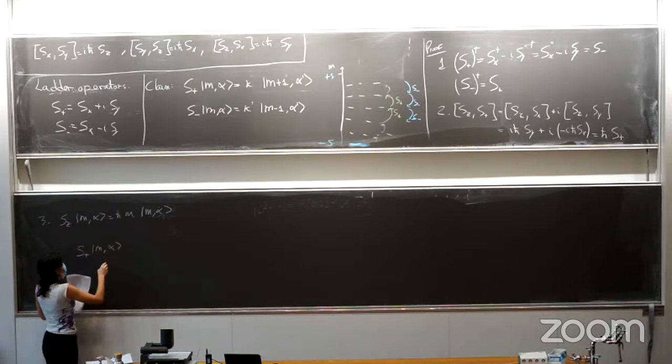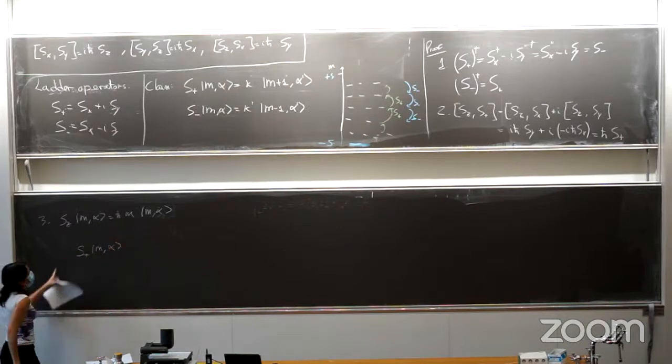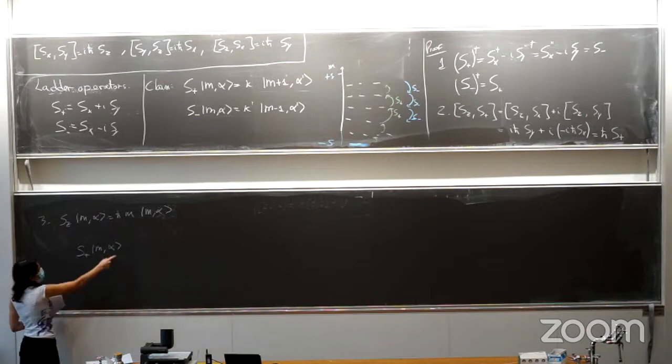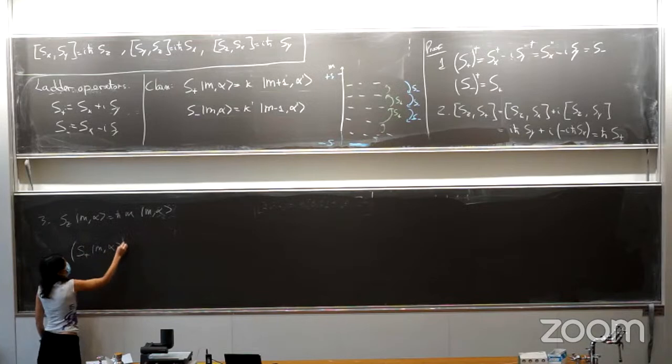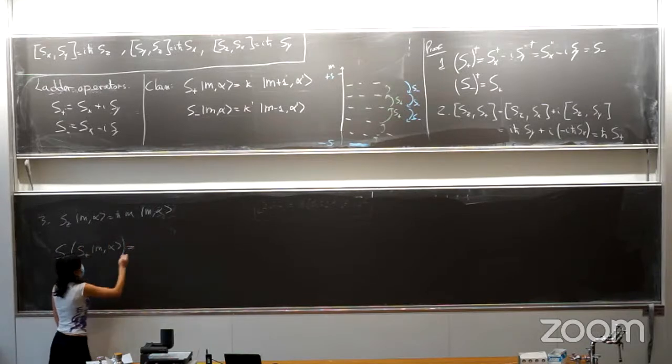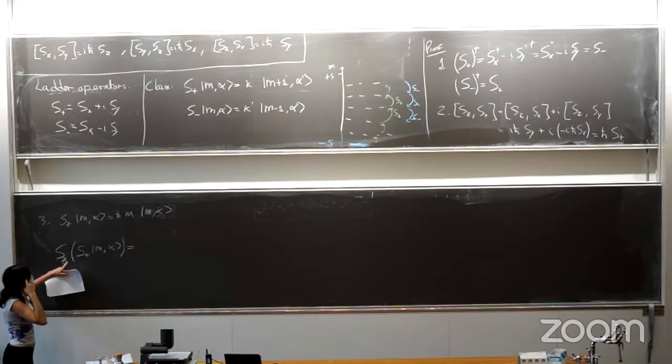So now we want to know what happens to this state here. And the claim is that this is an eigenstate, maybe not normalized, but an eigenstate of Sz. Okay, so then we need to see, well, what happens when we apply Sz on this? Do we get something like that? Well, now we apply the commutator there.